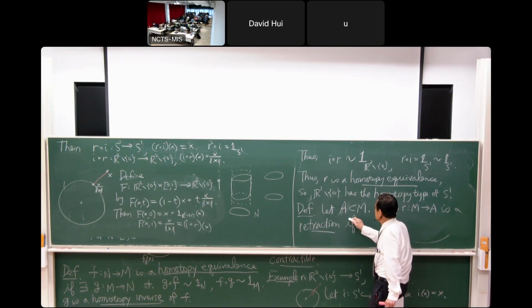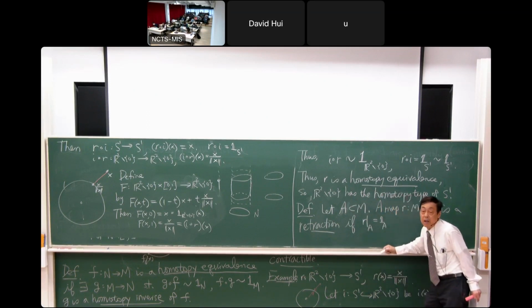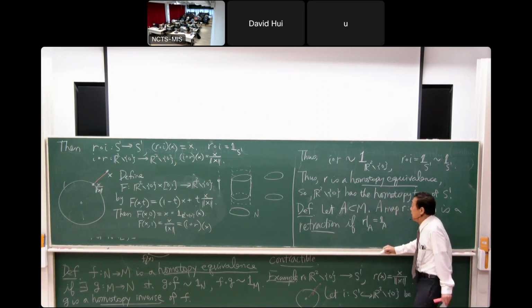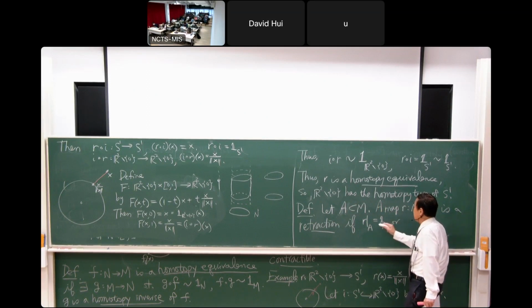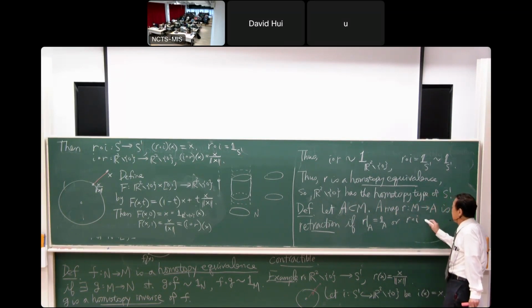So when you restrict R to A, it's the identity on A. And restricting R to A means that R composed with the inclusion is the identity.